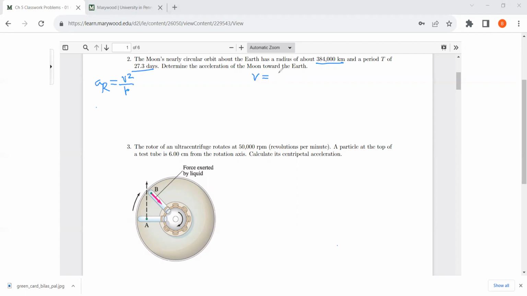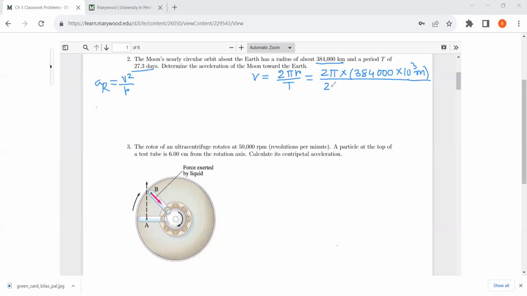So instead of using the frequency, let's use the equation of velocity which relates the radius and the time period. So 2 pi r over T. Now r is 384,000 kilometer, and kilometer is not a standard international unit, so we have to multiply it by 10 to the power 3 to convert it into meter.